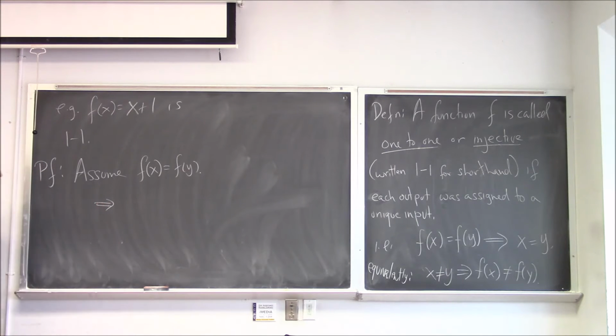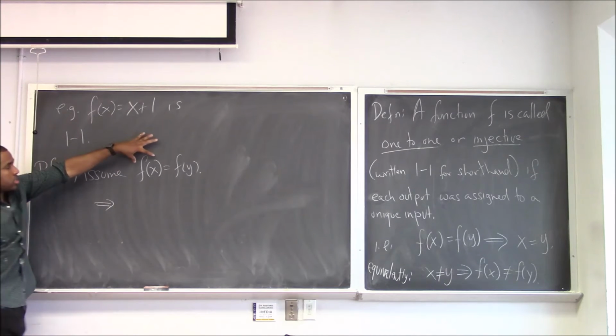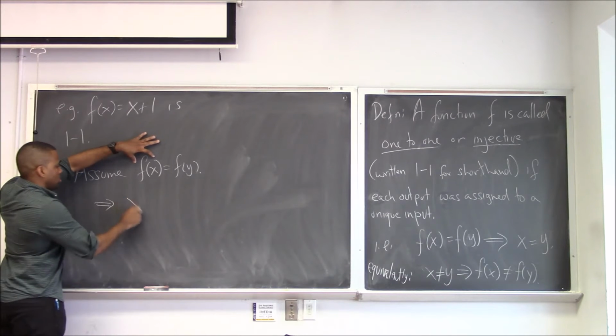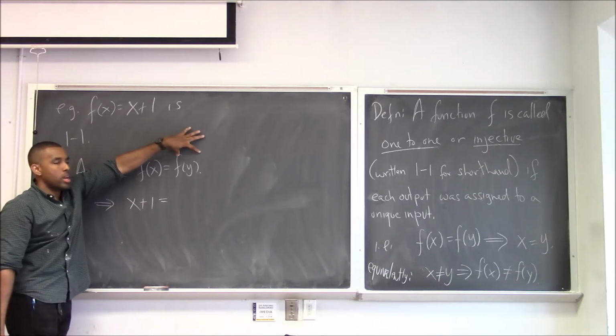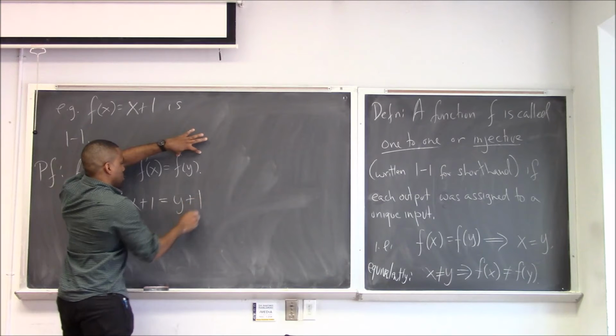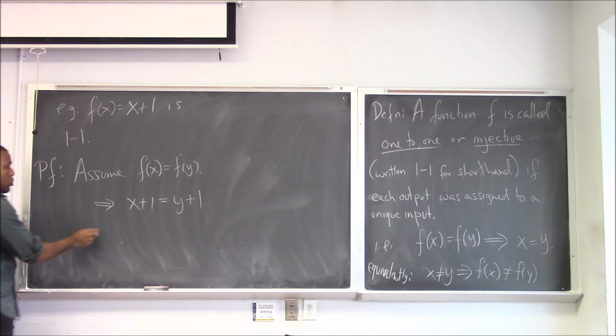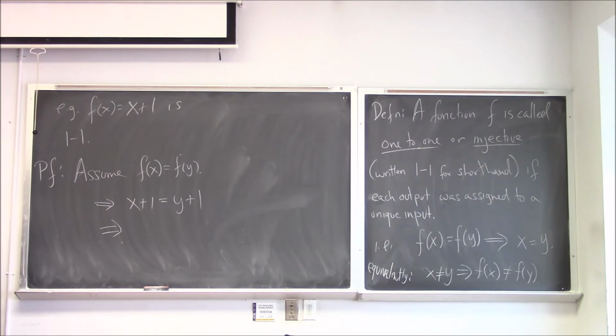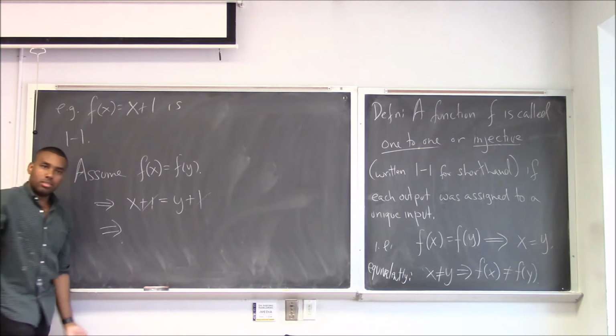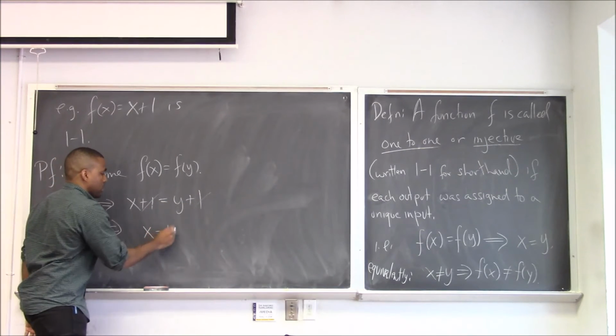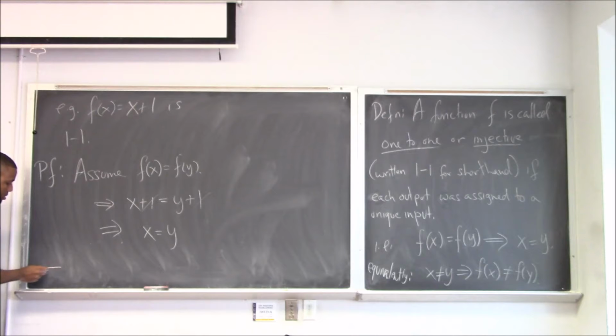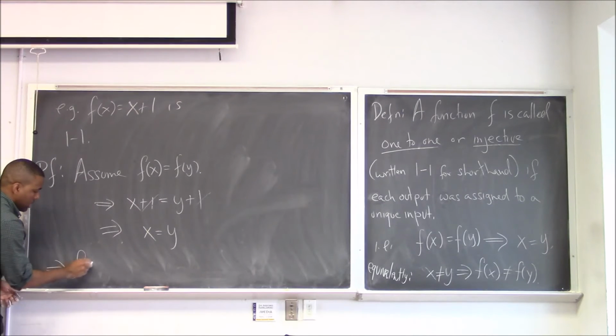This means, what is f of x? x plus 1. What is f of y? y plus 1. That means that is true, which means I can subtract 1 from both sides, and I get x equals y. This means f is one-to-one.